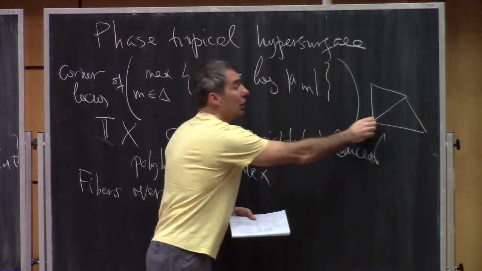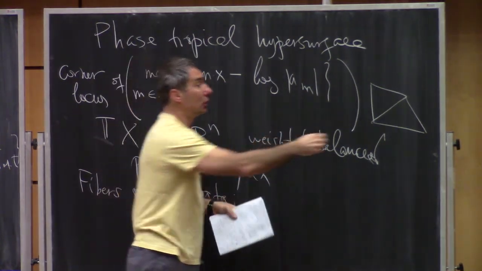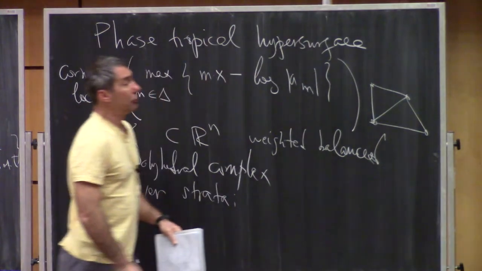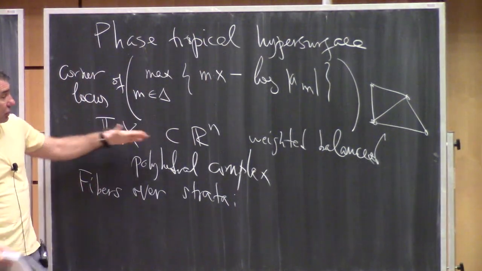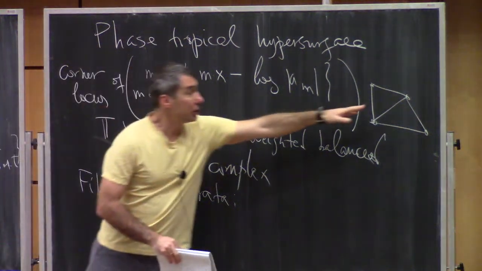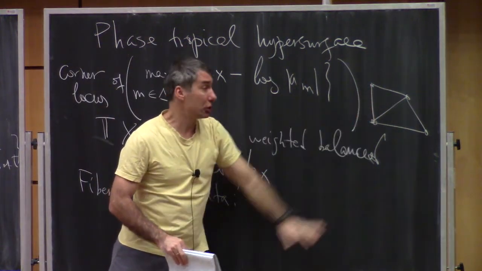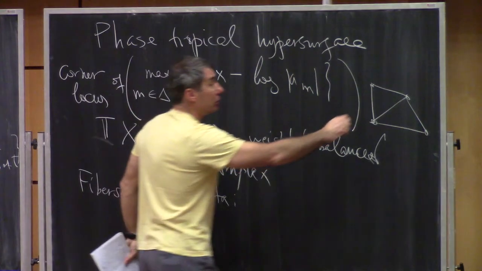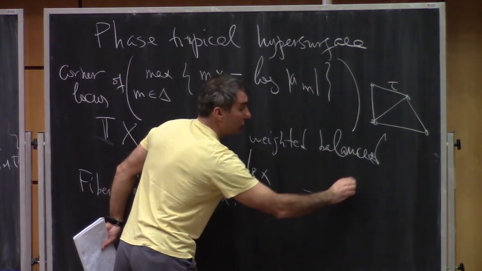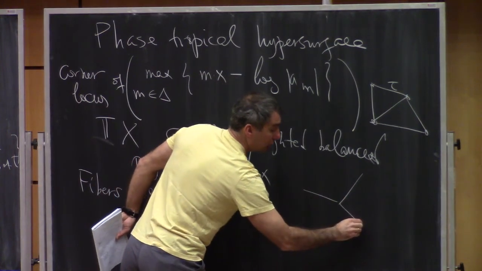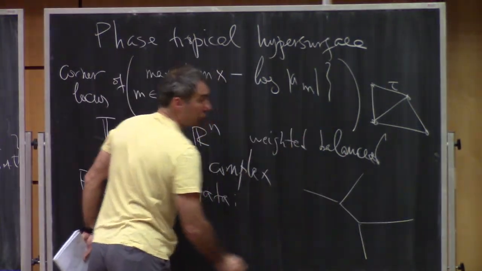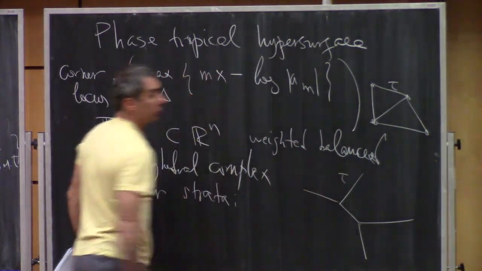So taking its upper convex hull gives you the triangulation of your Newton polytope, and the strata in this corner locus are dual to the faces of this triangulation. So if you take a tau here, there is a corresponding stratum here. So let me maybe draw a picture in this case. Dual to this triangulation, if you take tau, this is a dual stratum tau here.